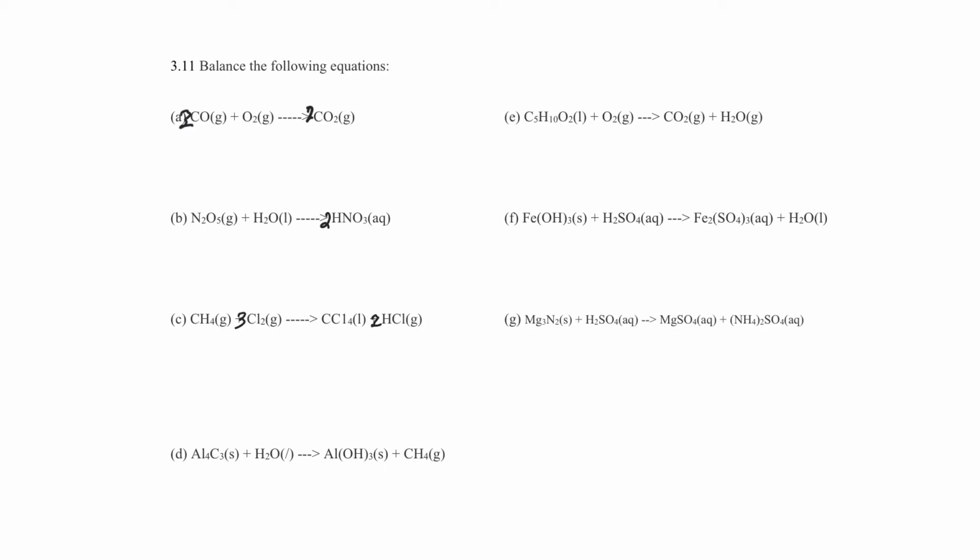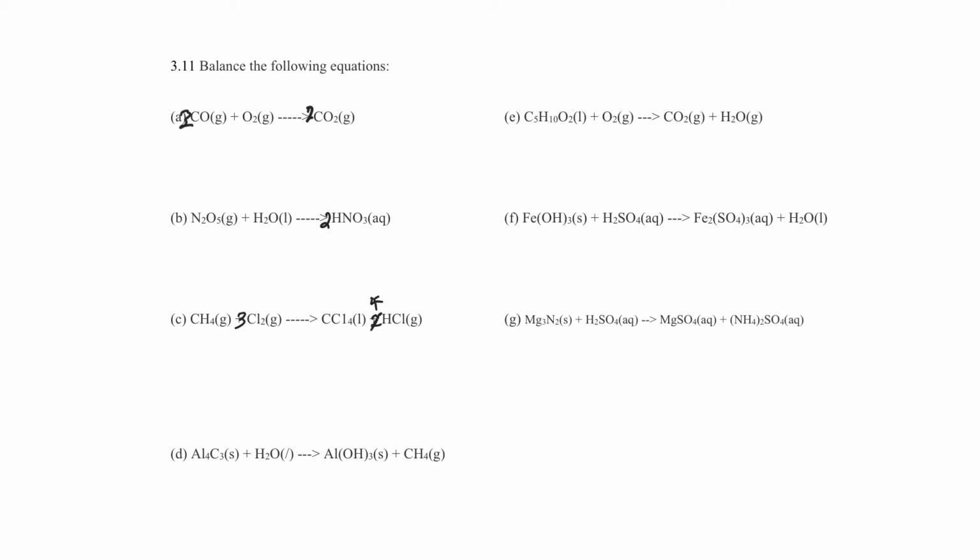Okay, so let's look at hydrogens. I've got 4 hydrogens on the left and 2 hydrogens on the right. So no, I need to double it again. So I'm going to strike this. This becomes a 4. And now I've got 4 chlorines plus 4 chlorines is 8.